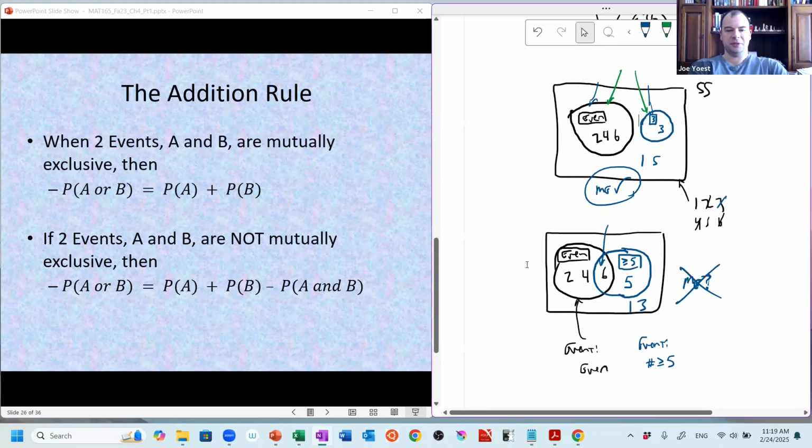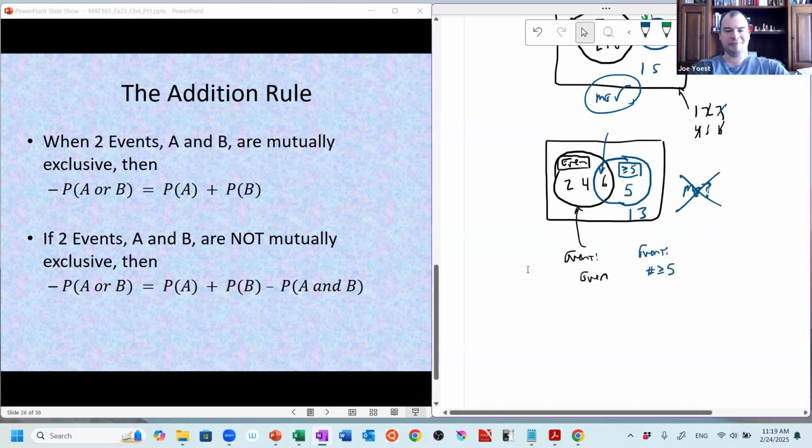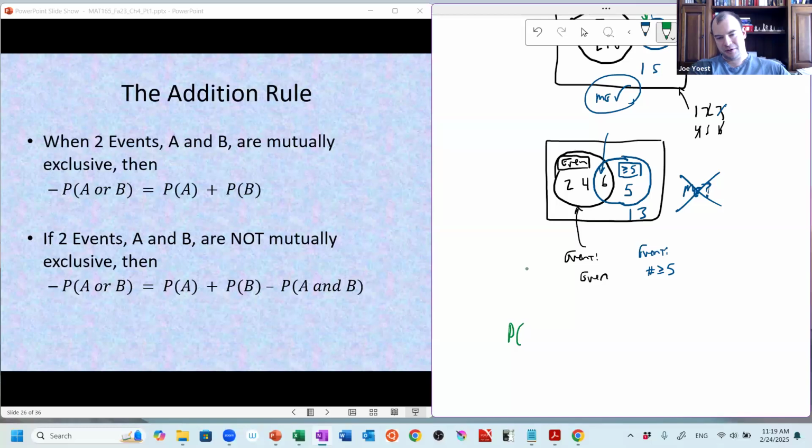What if two events are not mutually exclusive? Well, if I try probability of A or B, well, this is just the number of outcomes in A or B over the number in the sample space.